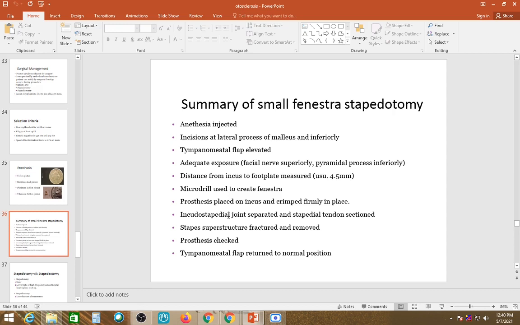Microdrill used to create fenestra. Prosthesis placed on incus and crimped firmly in place. Incudostapedial joint separated and stapedial tendon sectioned. Stapes superstructure fractured and removed. Prosthesis checked. Tympanomeatal flap returned to normal position.